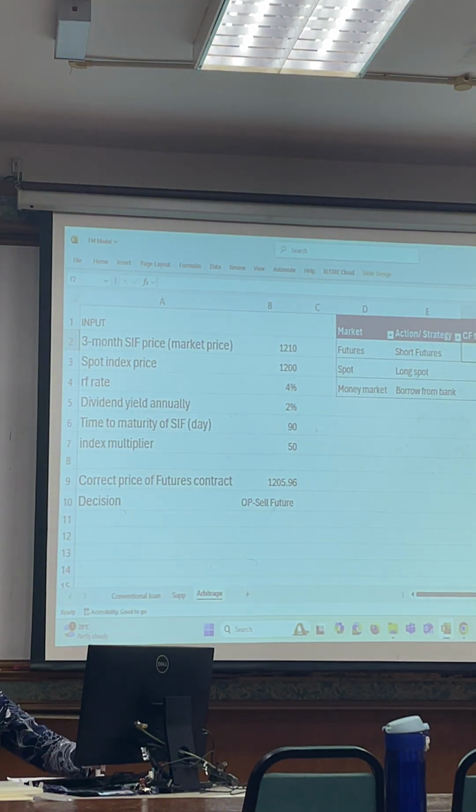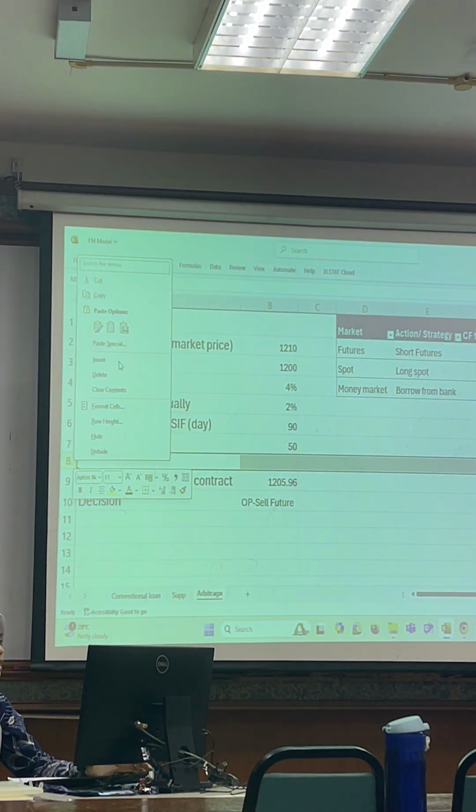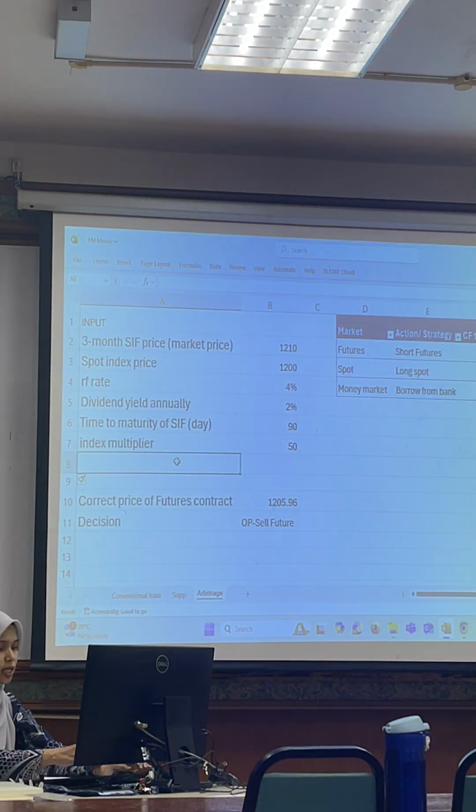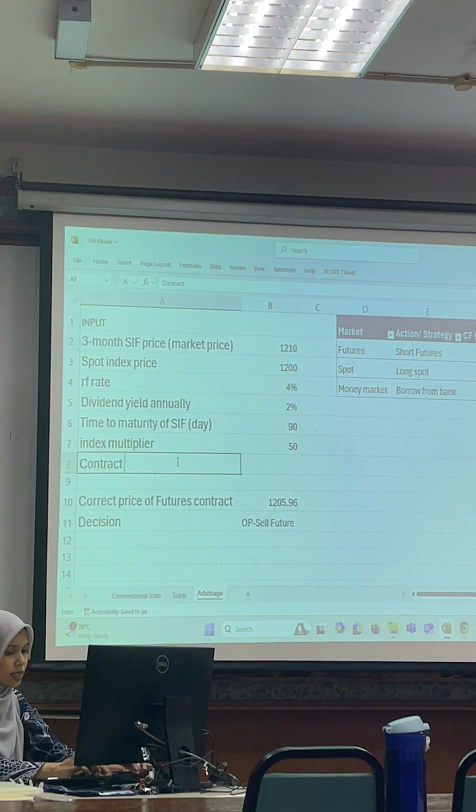Now we assume that there will be one contract. It's better for you to put in an input for contract size.